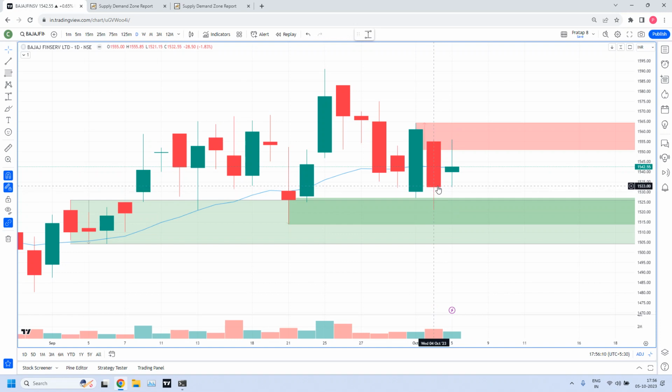That's why it was listed yesterday. But if you had looked into the tested zones, we might have identified this stock. But why didn't we get this stock on the previous day? Why didn't it show in the previous day's report? Because look at the close. It is not near the demand zone. That could be the reason why we missed this stock.